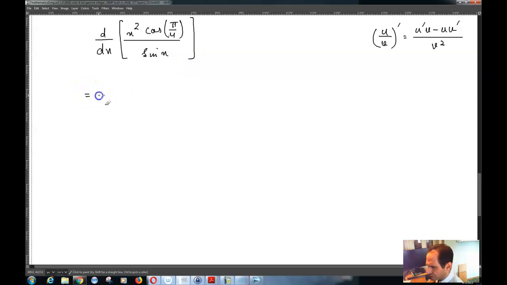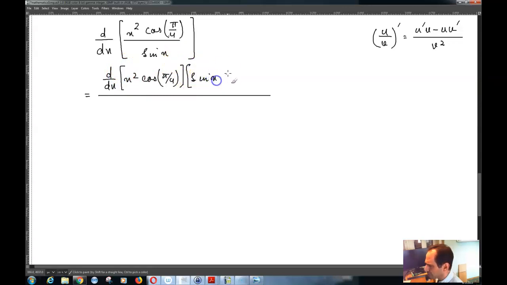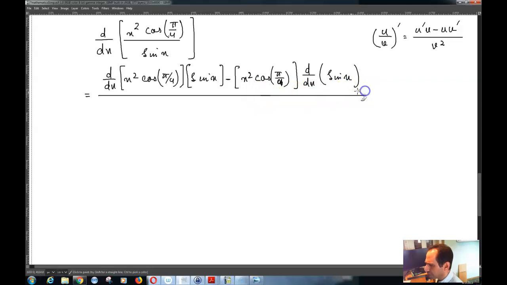So you can write this as basically u prime, d by dx of x squared times cos of pi by 4, times v, which is equal to sin x, minus u times, u is x squared times cos of pi by 4, times d by dx of sin x, divided by v squared, which is sin squared x.